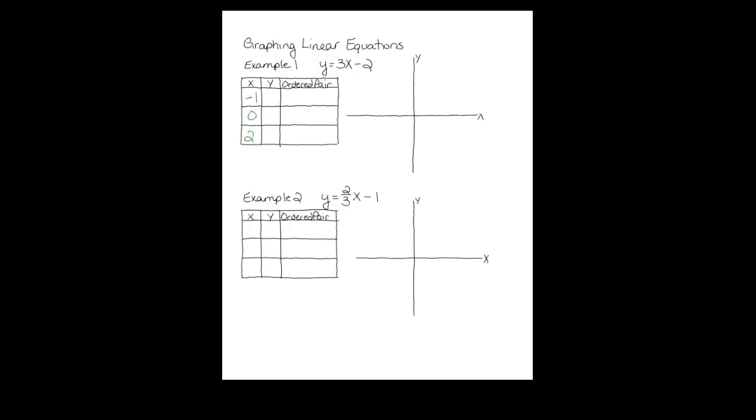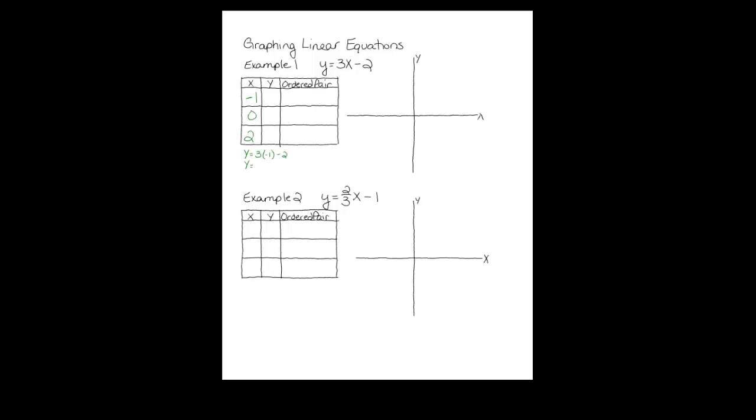Now, with those input values chosen, you have to find the y value, or the output value. So in our equation, we have y equals 3x minus 2. We want to start by plugging in those input values. So we have y equals 3 times -1, minus 2.